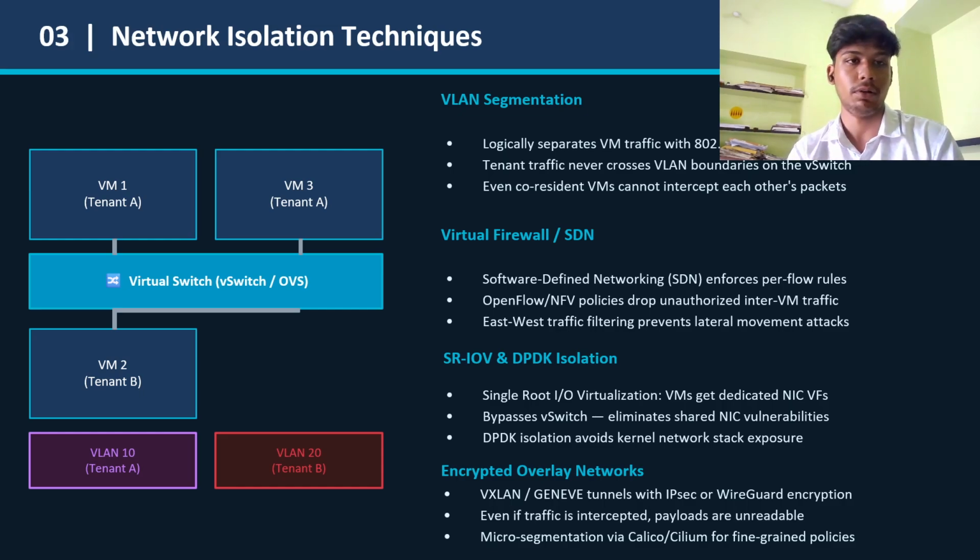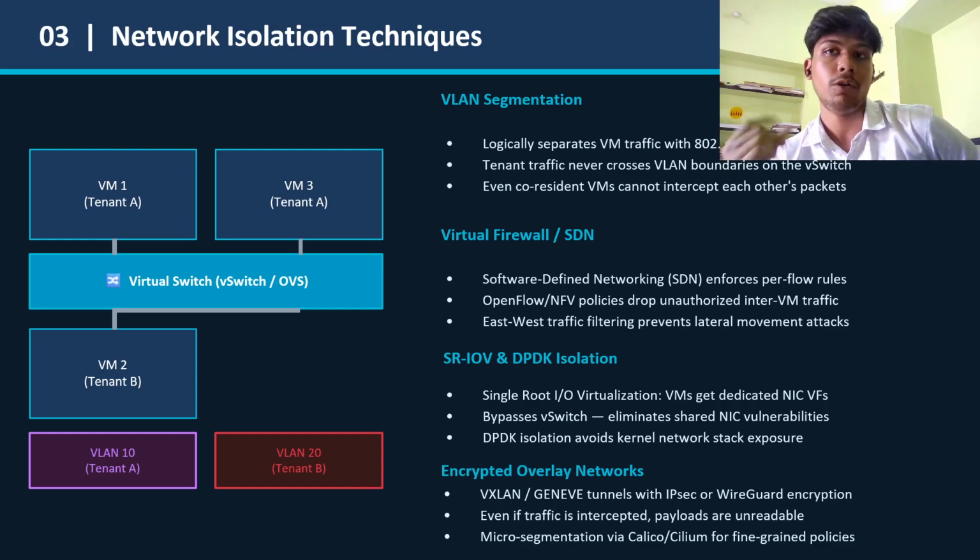If we look deeper into the VLAN segmentation, first are the virtual LANs. The virtual LANs use 802.1Q tags to logically separate network traffic. Even if multiple VMs are connected to the same virtual switch, a VM in VLAN 10 cannot see traffic from VLAN 20.